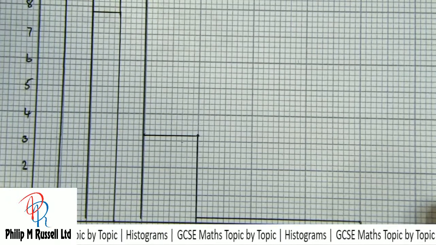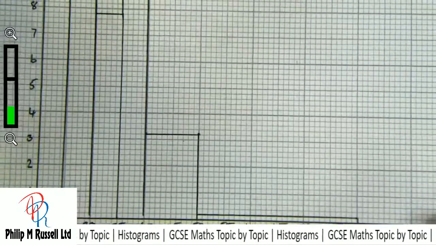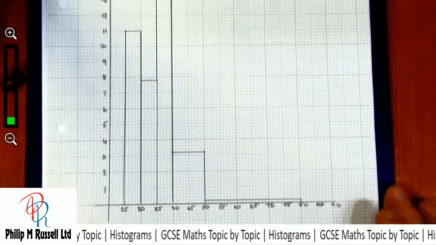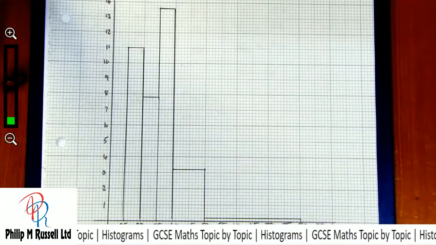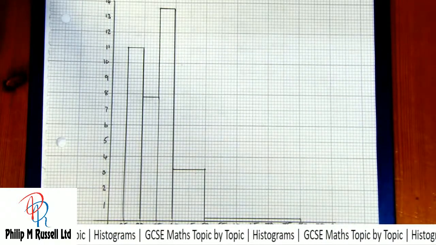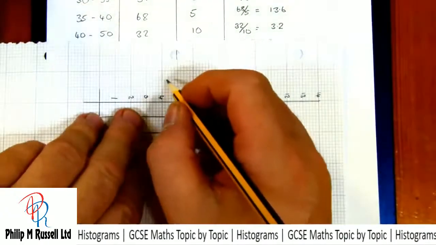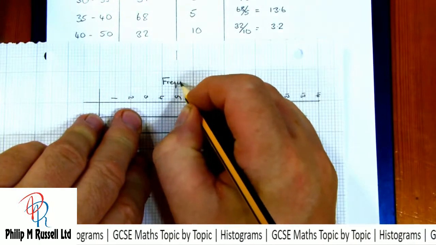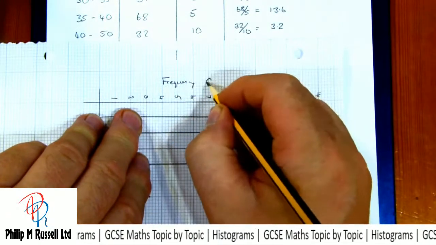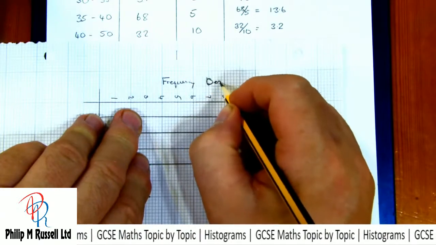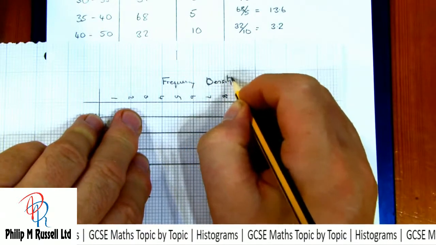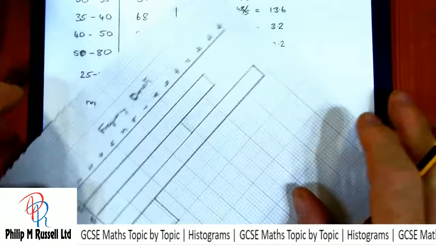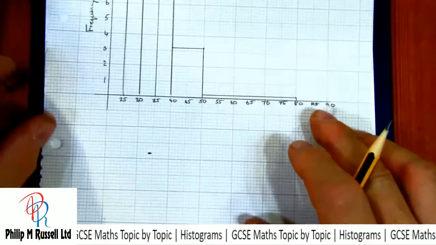And it's not too bad. We will need to try and put some things on there. So along this side we're going to write our frequency density. And along the bottom we have our time in minutes.